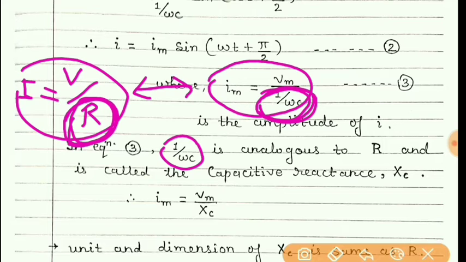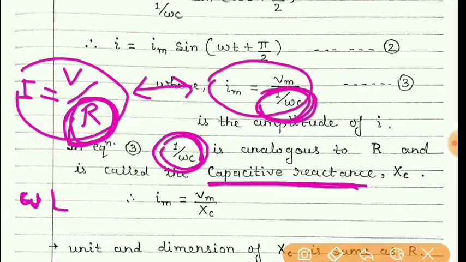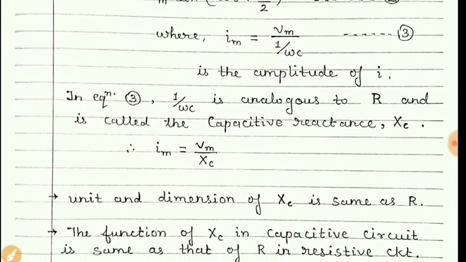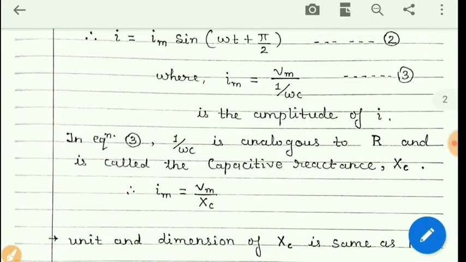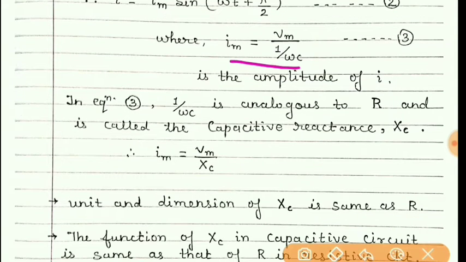And so this term is known as capacitive reactance. In the earlier section for the inductor, we used omega L as inductive reactance. So here this is capacitive reactance denoted by Xc. Hence, now this equation can be written as Im equals Vm upon Xc.